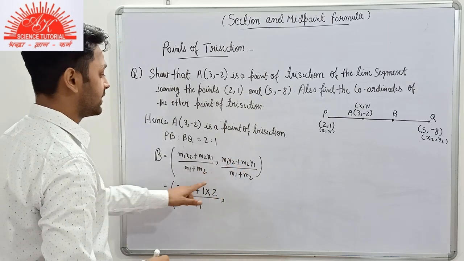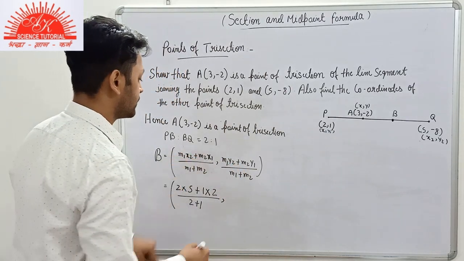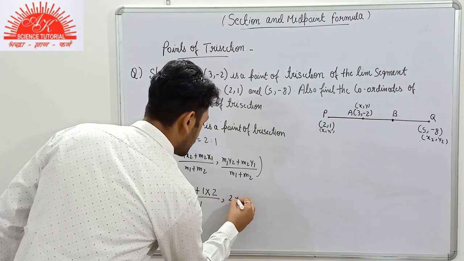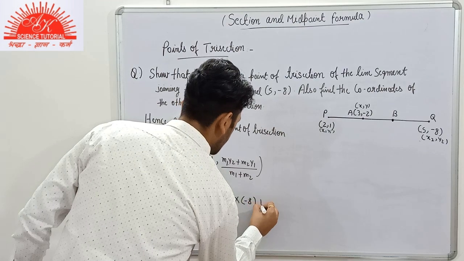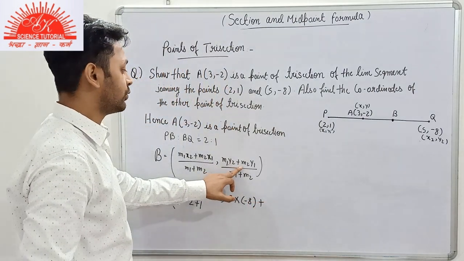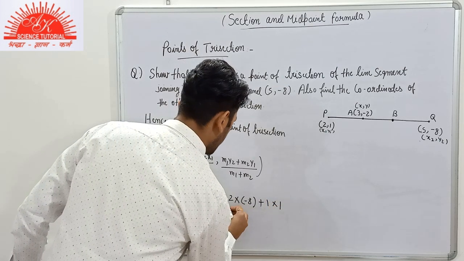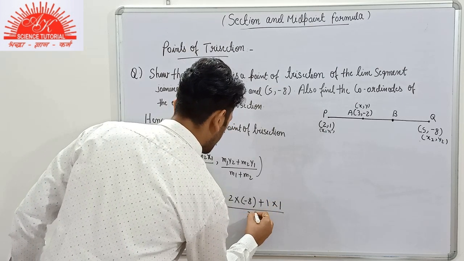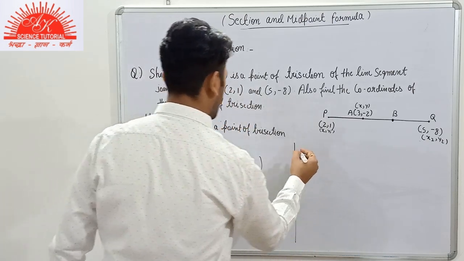Now the second part, that is the ordinate, m1 is multiplied by y2. m1 here is 2, so 2 is multiplied by y2. y2 here is -8. Now it is added to m2 multiplied by y1, which means 1 is multiplied by 1, divided by m1 plus m2, that is 2 plus 1. So now we will solve it.